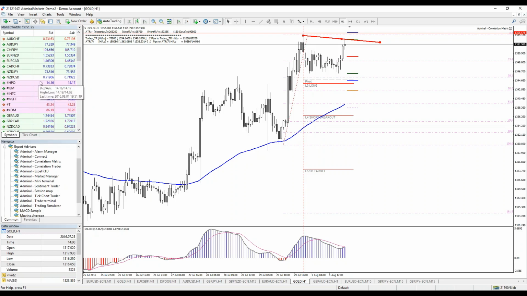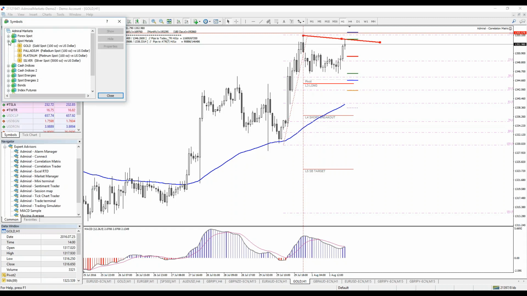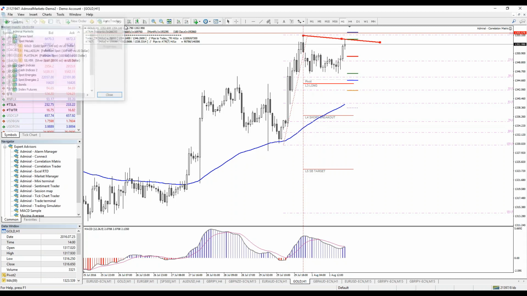So if you are watching Australian dollar, you will see it also moving correlated. Yeah, I'm looking at it, but I cannot find it here. If we go to symbols, and go to spot metals here, you see, there is no symbol here. It's just metal, so that's it.